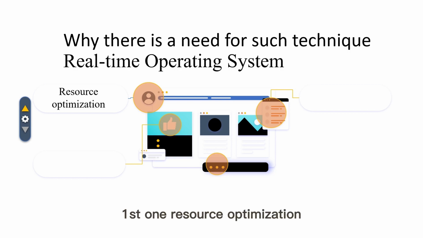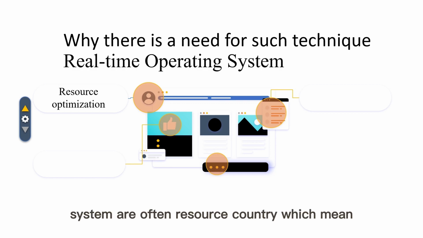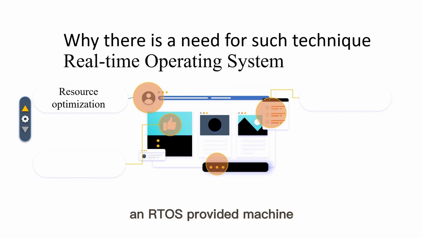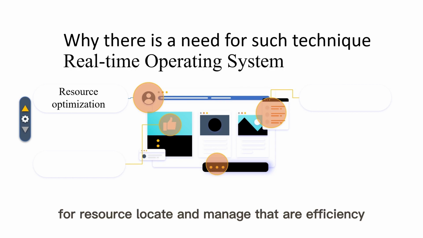First one, resource optimization. A real-time system is often resource constrained, which means it must use resources such as memory, processing power, and network bandwidth as efficiently as possible. And RTOS provides mechanisms for resource allocation and management that are efficient.